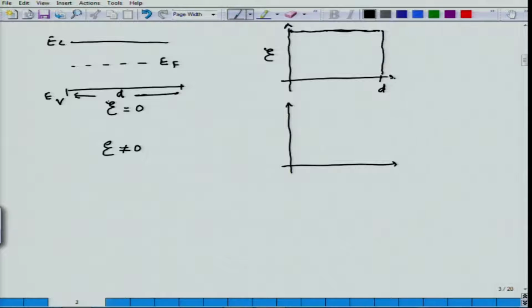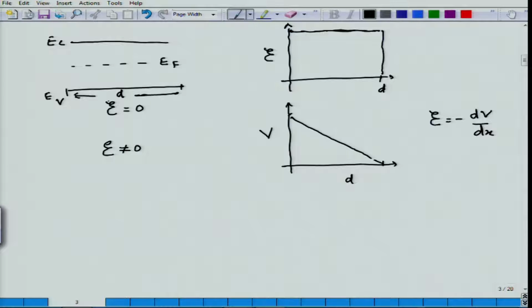In that case, what is going to be the potential inside this semiconductor? I can get that because electric field is nothing but a negative derivative of the potential, which means the potential here is going to be decreasing linearly throughout the semiconductor.